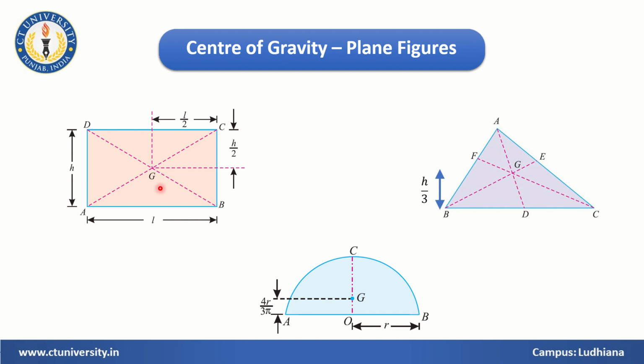These have predefined locations of center of gravity. For example, this rectangle having length L and the other dimension h. The center of gravity will be lying here at this dot point, G point. And if we ask what the location is, it will be L by 2 and h by 2. That is length by 2 and h by 2. So we can say that this is L by 2 away from one side and h by 2 away from the second side.